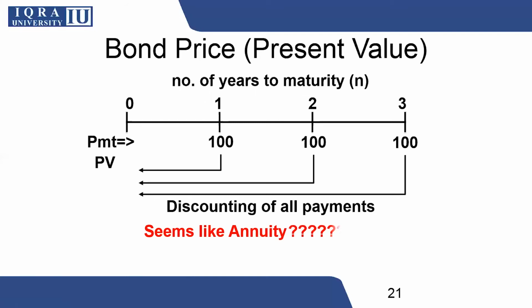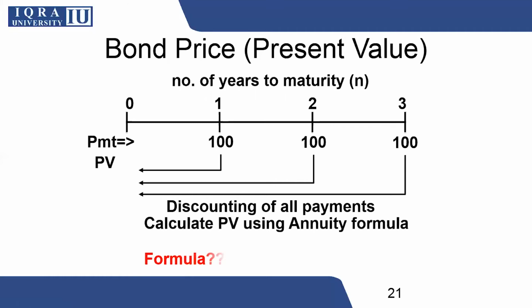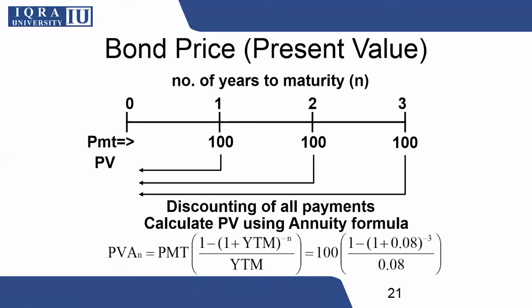These 3 amounts should be taken as an annuity, and when it is taken as an annuity, naturally you will use the annuity formula to calculate the present value. So this is the formula that you can use. We are taking PMT, the annual payment that you are receiving. We are also taking YTM as the discounting factor, and once you calculate the present value of these amounts, the resulting answer is 257.71.